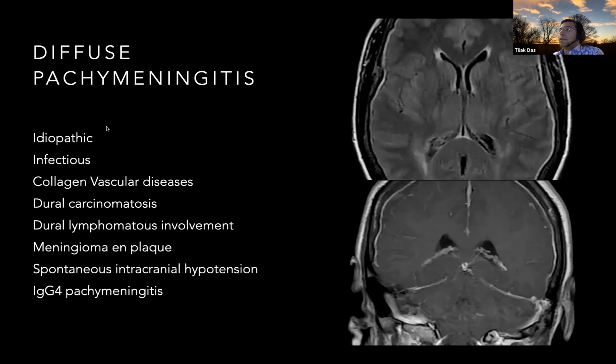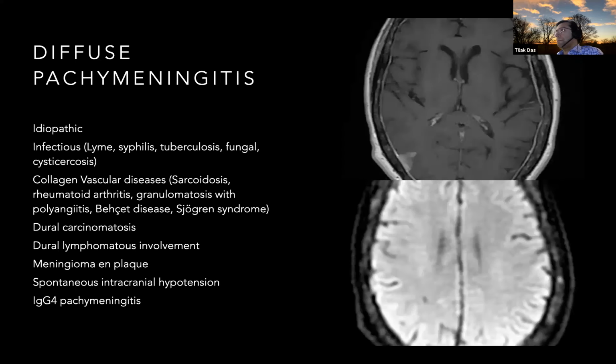So there are a number of differentials for abnormal meninges, and this is a case of spontaneous intracranial hypotension. So the dura looks thick because of the CSF leak. I just wanted to show you this case because this again looks like fairly diffuse, smooth thickening. Of course, you've also got this nodule here, and this was breast cancer.